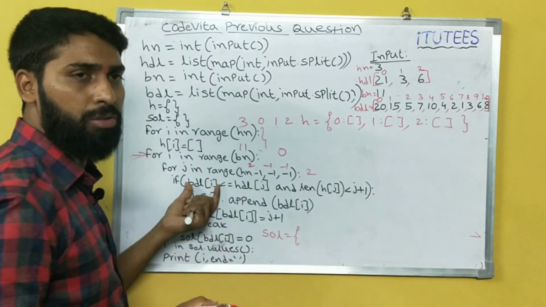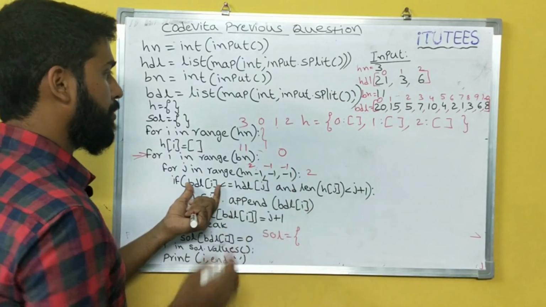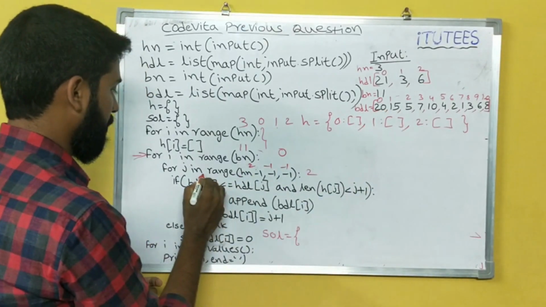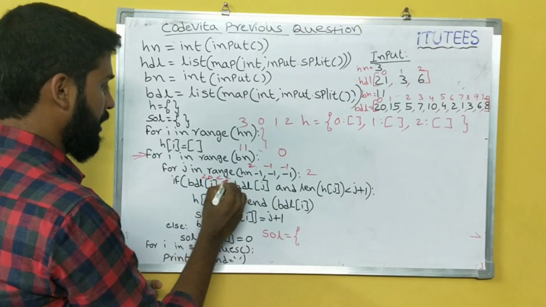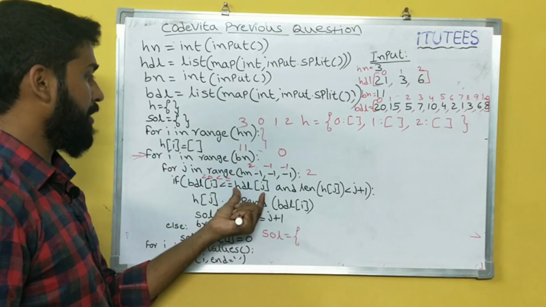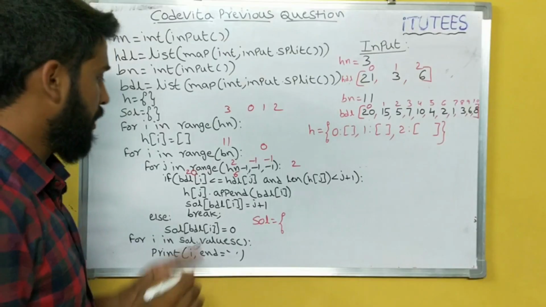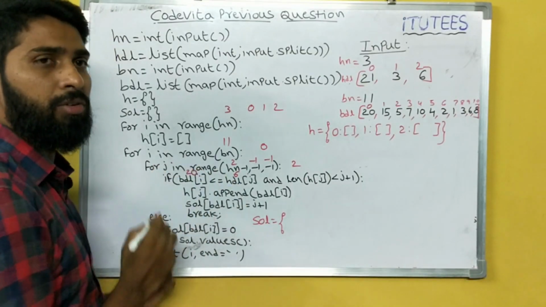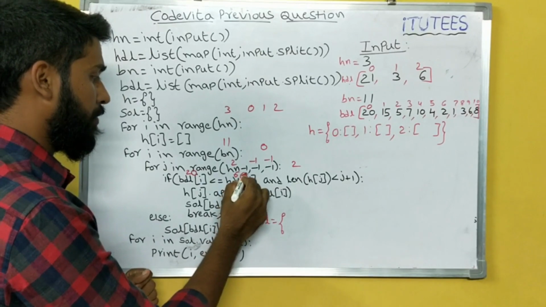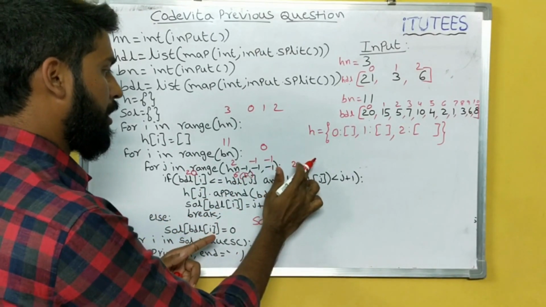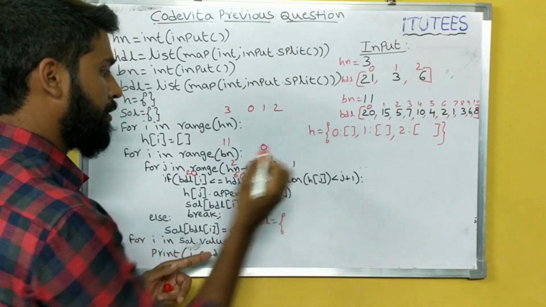J value equals 2. So BDL of I means 20, less than or equals HDL of 2. What is the HDL of 2? 6. So 20 less than or equals 6. It is false. So next j is decremented by 1.